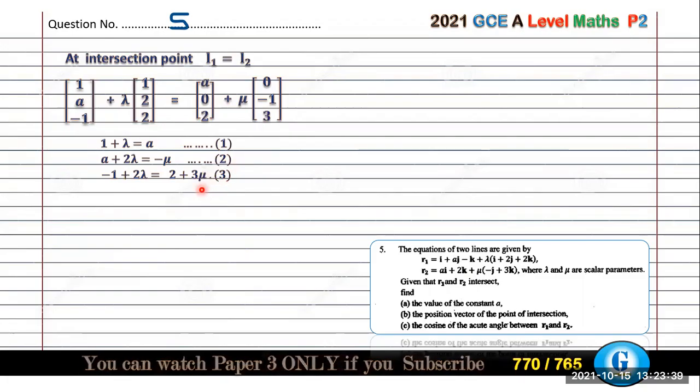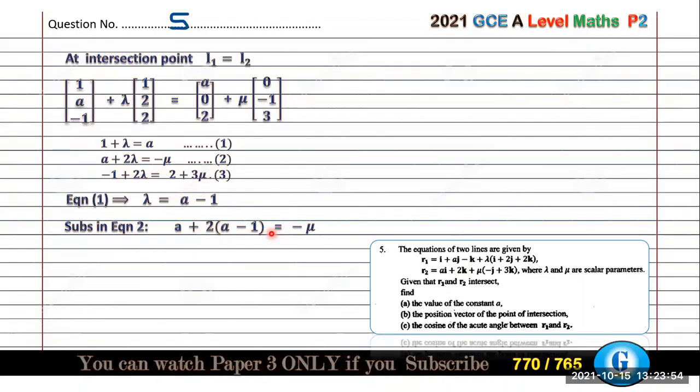So we can solve these three unknowns. But since this question wants us to find A, we can just look for A directly. In equation 1, we make lambda the subject, and lambda will be equal to A minus 1. We substitute in equation 2. We will have A plus 2 into A minus 1 is equal to minus mu. When we simplify this, we'll have 3A minus 2 equals minus mu.